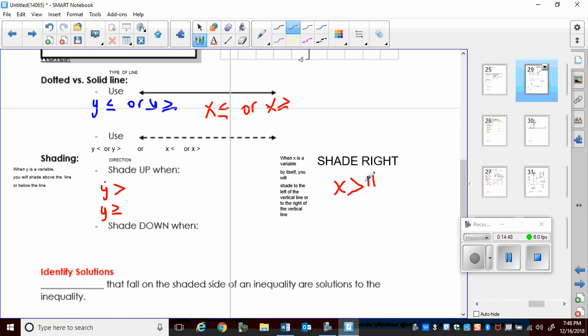It has to be very specific: some number, not y, not some other variable. Or x is greater than or equal to some number. I think that's very explicit in nature, right?